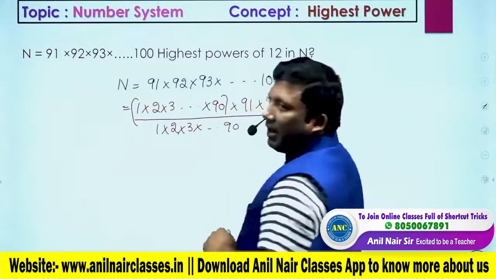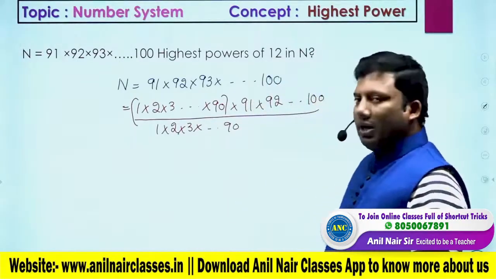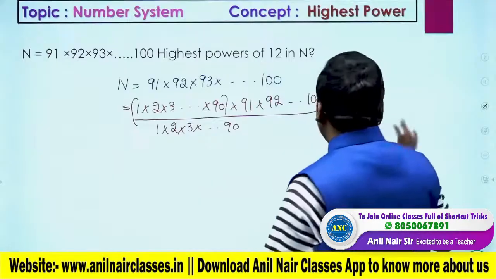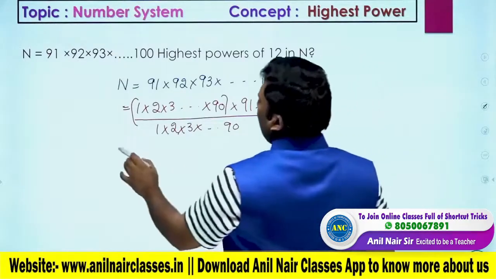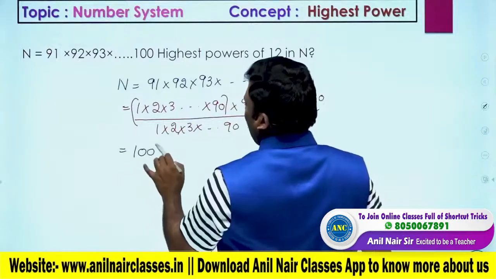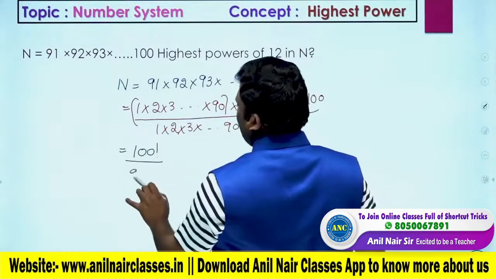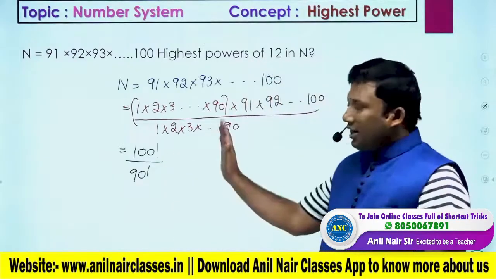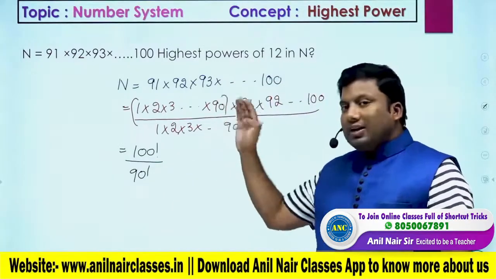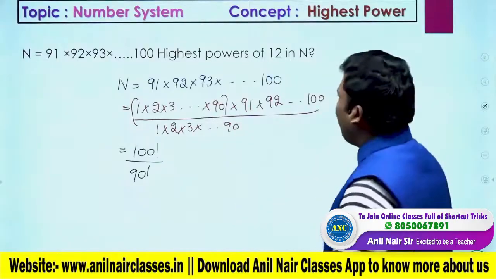I multiplied the numerator and denominator by 1 to 90. 1, 2, 3 till 100 will be 100 factorial, and 1, 2, 3 till 90 will be 90 factorial. I hope it is clear. I converted the entire expression into a factorial format.